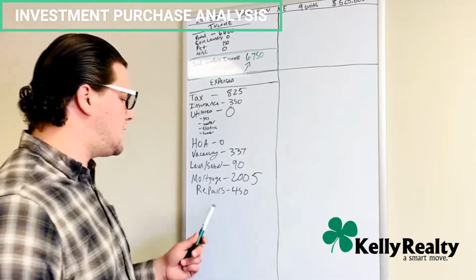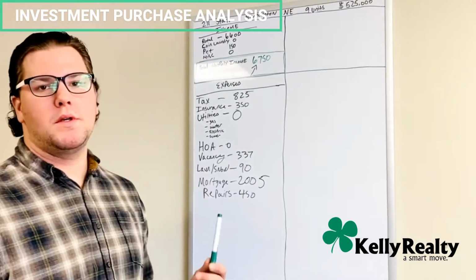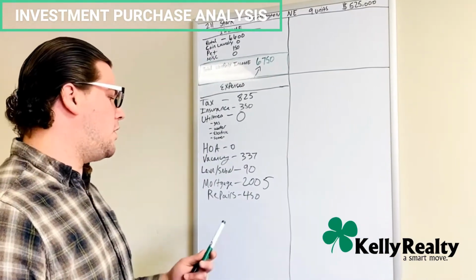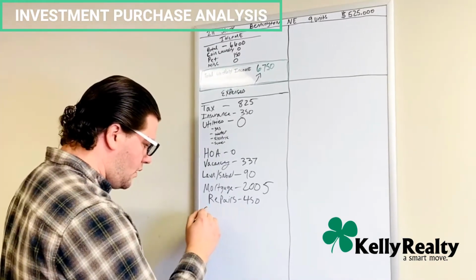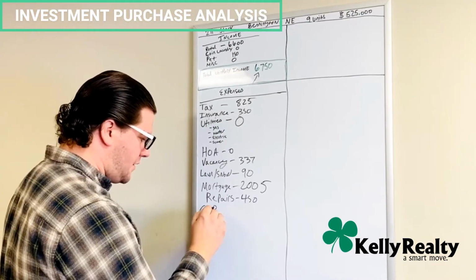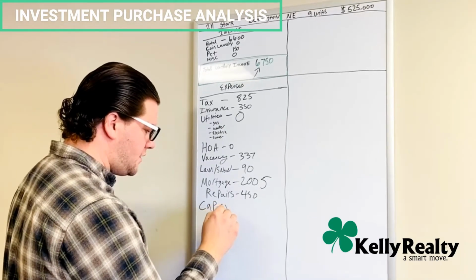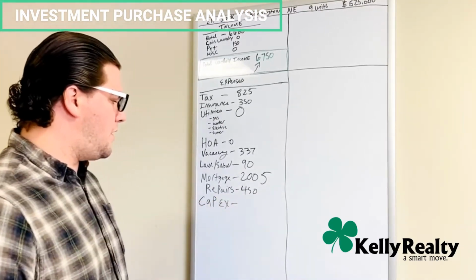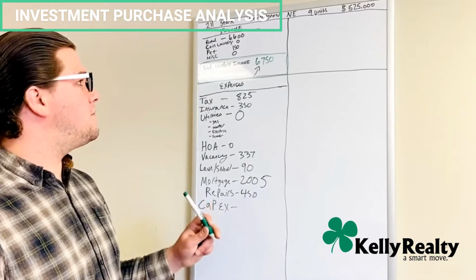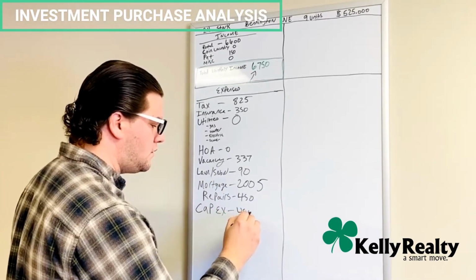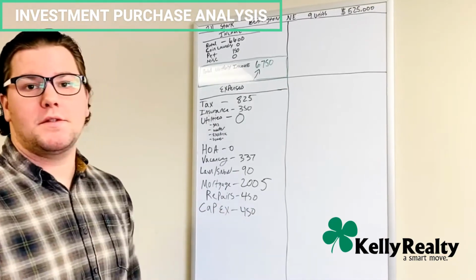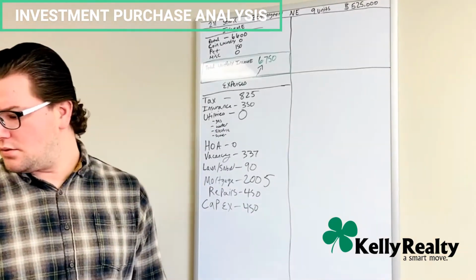And this would take care of stuff like leaky faucets, any sort of small repair that you might come across. Another expense is capital expenditures. Another good rule of thumb would be $50 per month per unit, and this would take care of stuff like roofs, furnaces, or air conditioners.